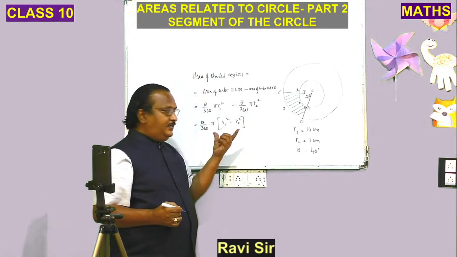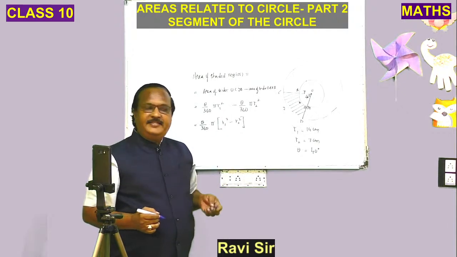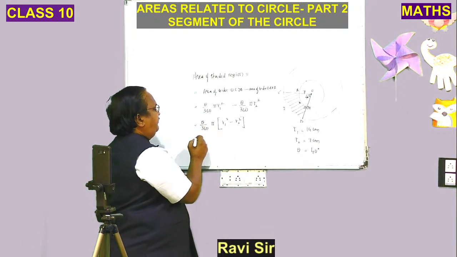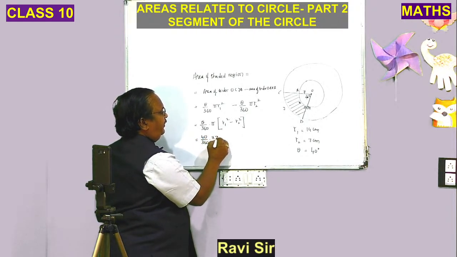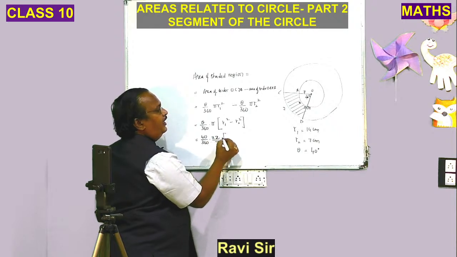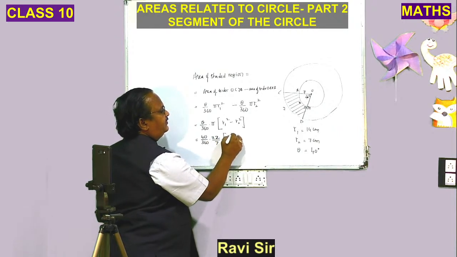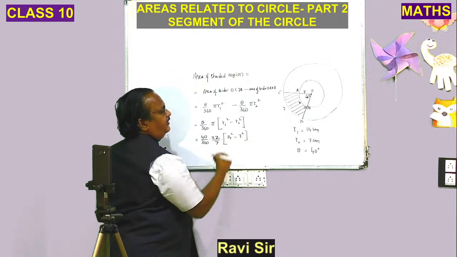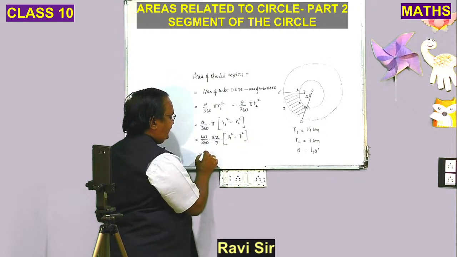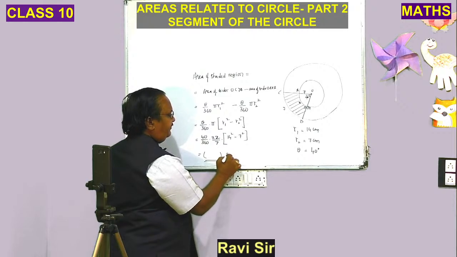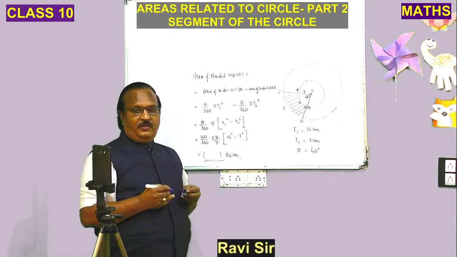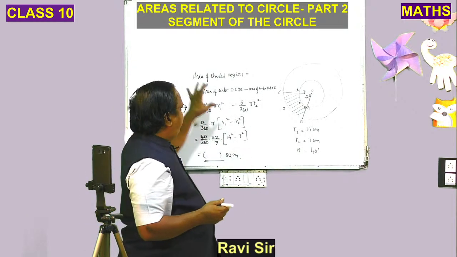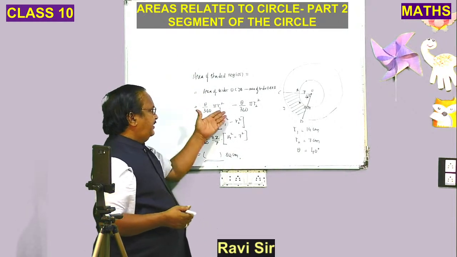This calculation will be easier if you write this as a final step. So now 40 by 360 into 22 by 7 into R1 is how much? 14 square minus 7 square. So simplify this, you will be getting area of the shaded region. Okay. So this type of step if you write, then what happens?